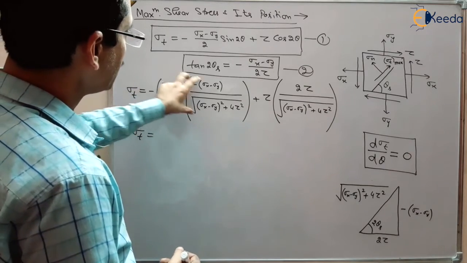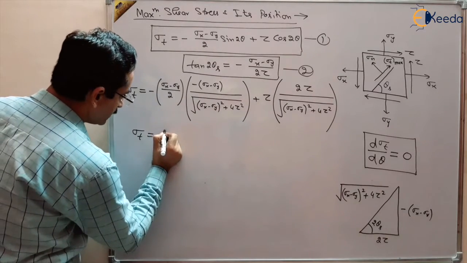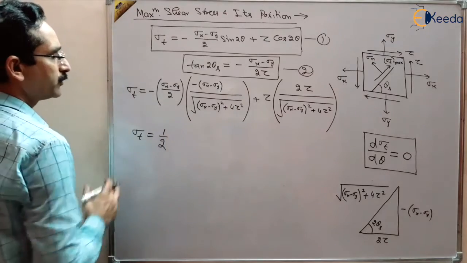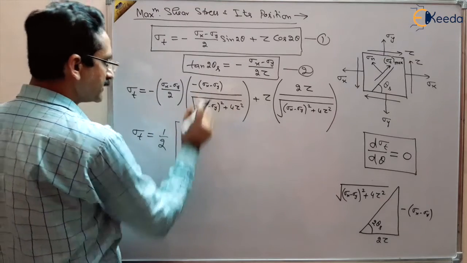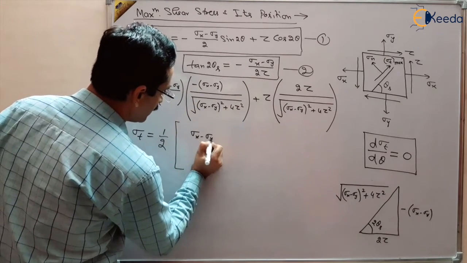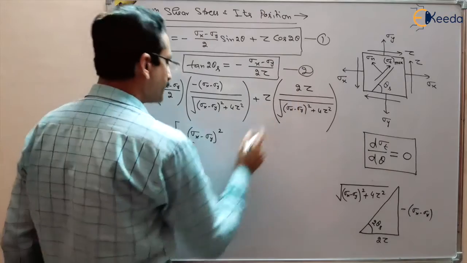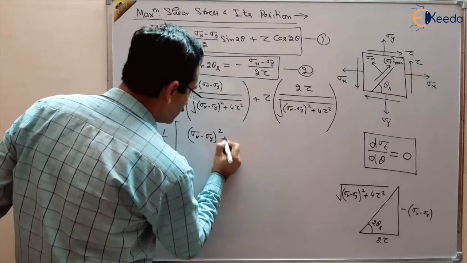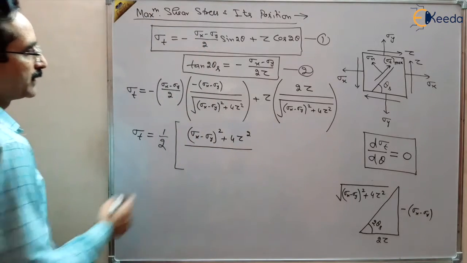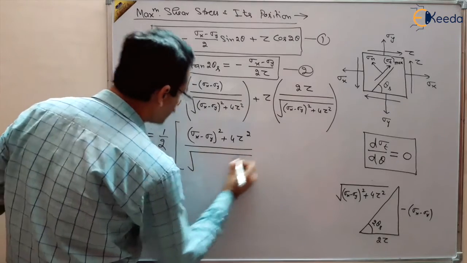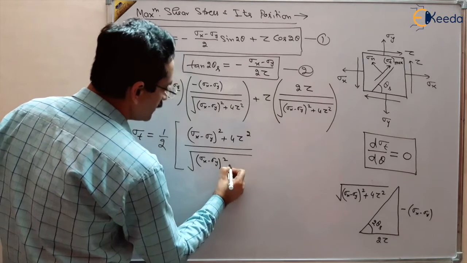In the bracket you will get (sigma x minus sigma y) whole square. As we have taken half outside, it will become 4 tau square upon the root of (sigma x minus sigma y) whole square plus 4 tau square.